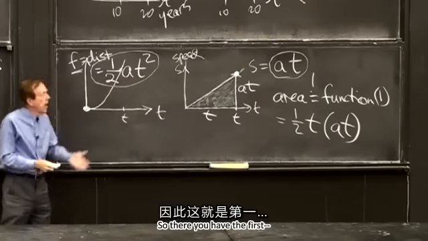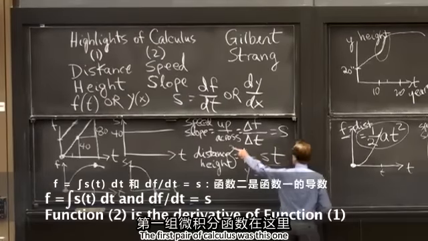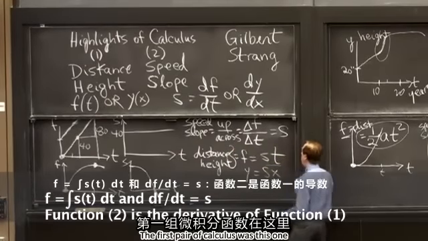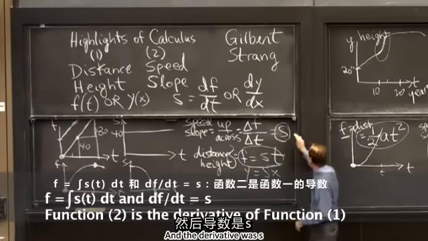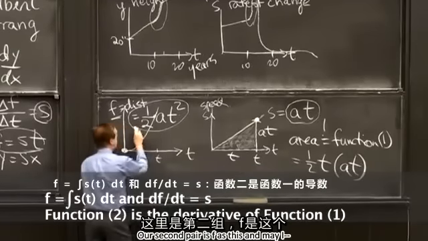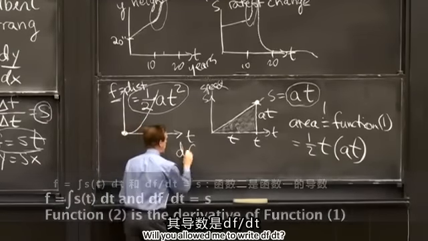Okay, so there you have the first, well, I'll say the second pair of calculus. The first pair was f equals st, and its derivative was s. Our second pair is f is this, and will you allow me to write df dt?